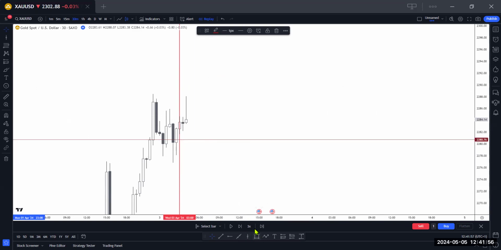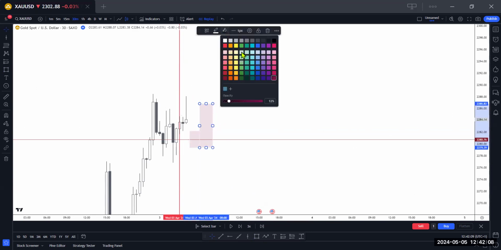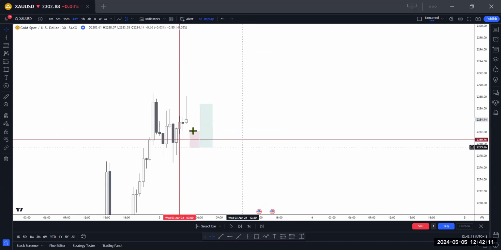Number one, I'm expecting an M30 engulfing to form here. So I can have an M30 engulfing form by green on this zone, I would enter here, and I'll put my stop below this. That's scenario number one.